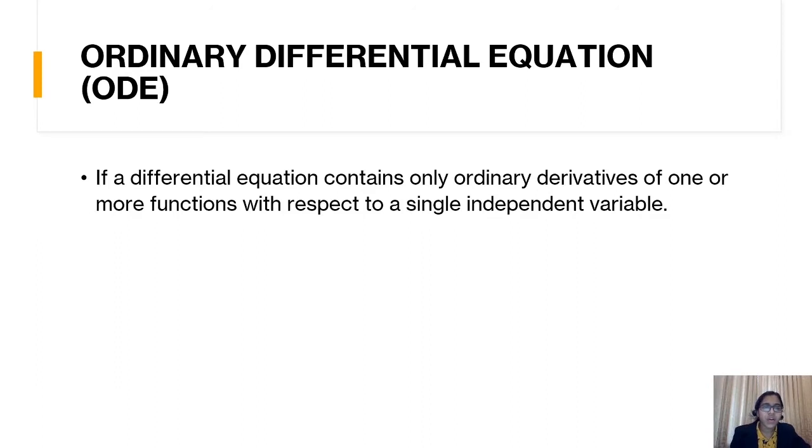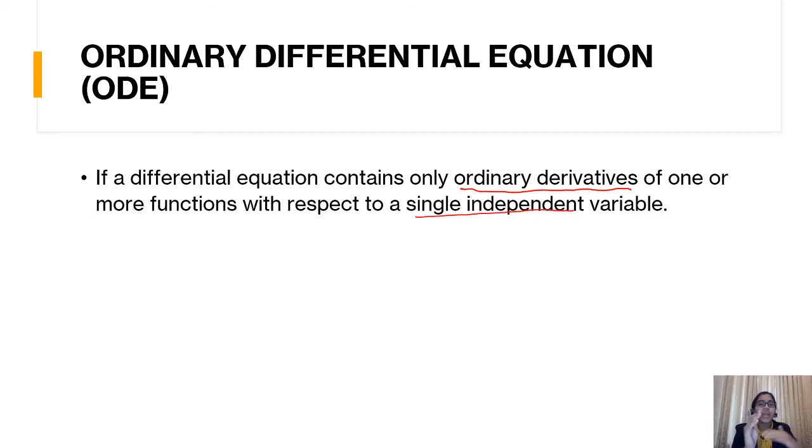In an ordinary differential equation, the equation contains only ordinary derivatives. This is the important point: it contains only ordinary derivatives like dy by dx, d square y by dx square, of one or more functions with respect to a single independent variable.